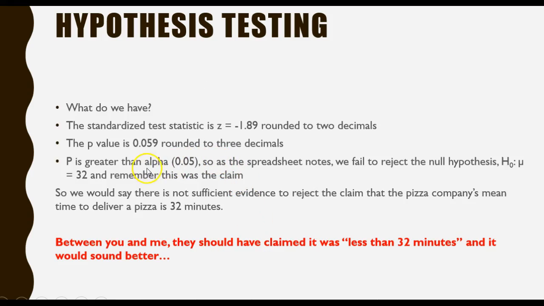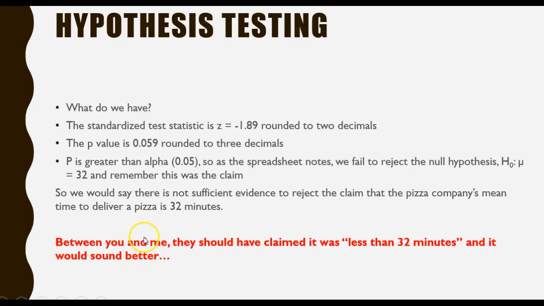Now, so p is greater than alpha. So as the spreadsheet notes, we fail to reject. P is greater, wait till later, we can't reject it. So we would say there is not sufficient evidence to reject the claim that the pizza company's mean time to deliver a pizza is 32 minutes.